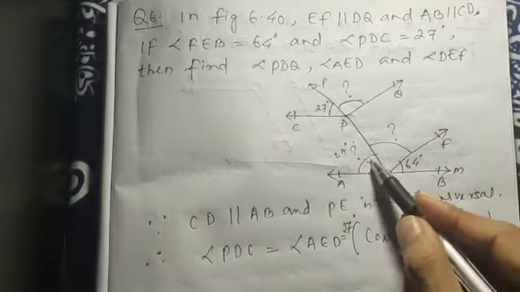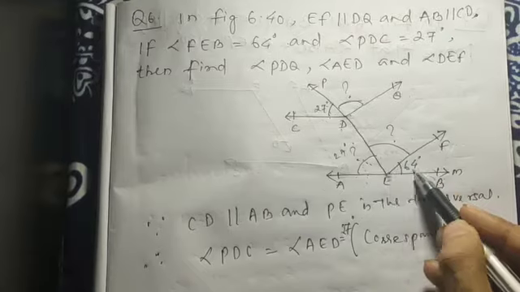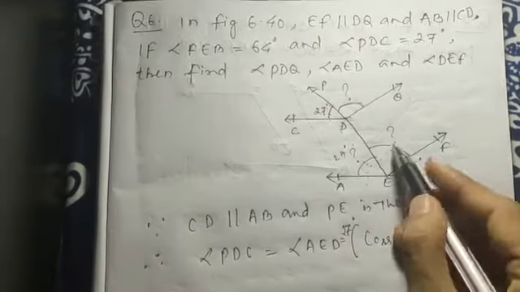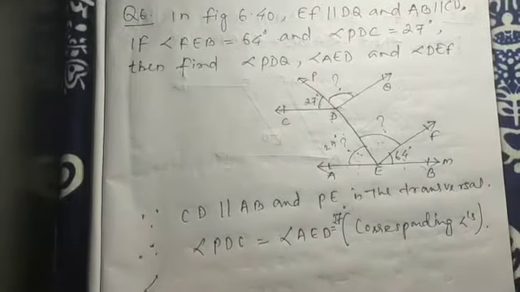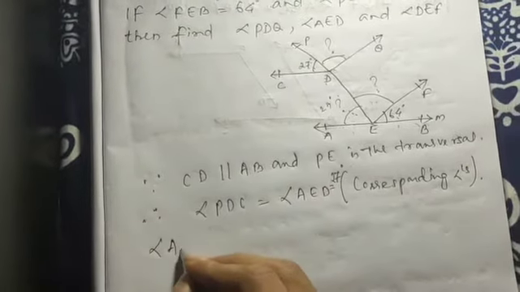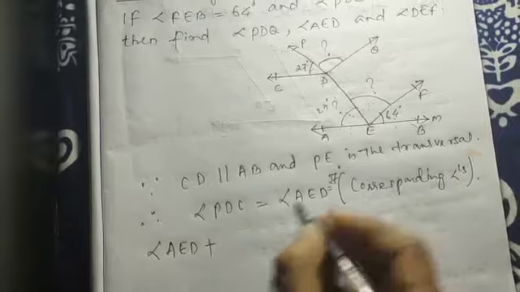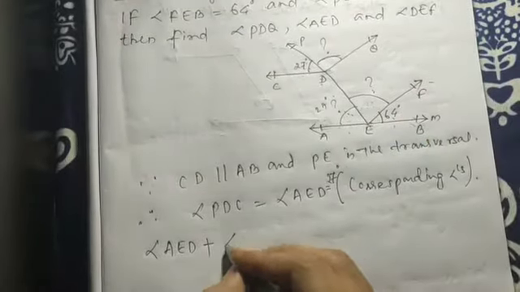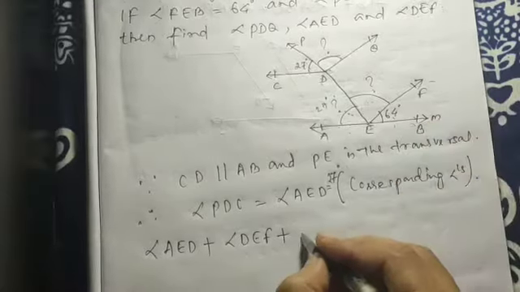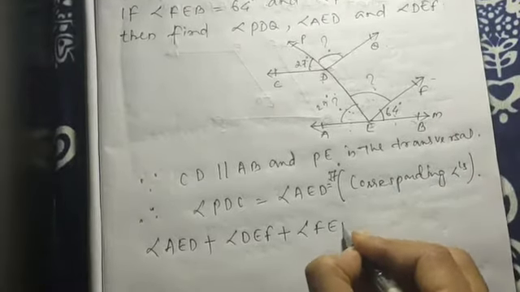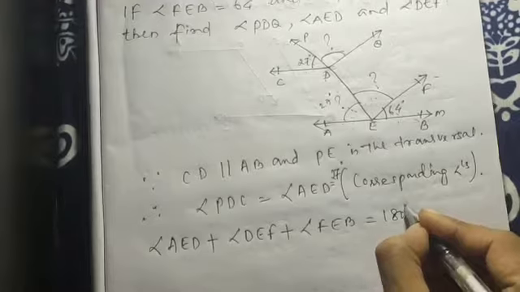Now you see this plus this is equal to 180, or no? Straight line, right? So we have to find out this one also. So angle AED plus angle DEF plus angle FEB is equal to 180 degree, straight line.